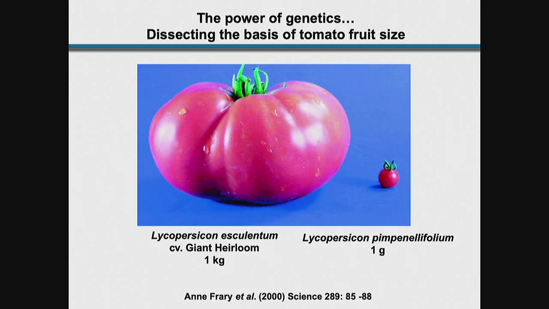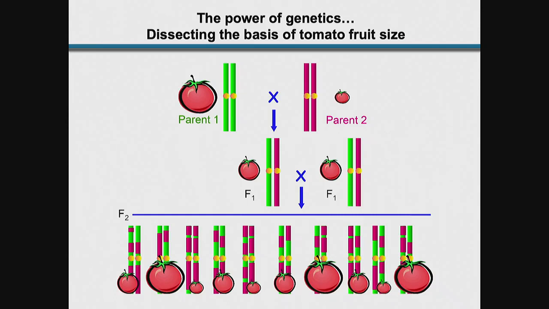Okay, now what do you do with these? The first thing that you're going to want to do is to cross these two inbred lines, all right? Now, I might say at this point that there are actually many different experimental designs that can be used in QTL mapping, so don't be confused if you see backcrossing instead of F1 crosses.